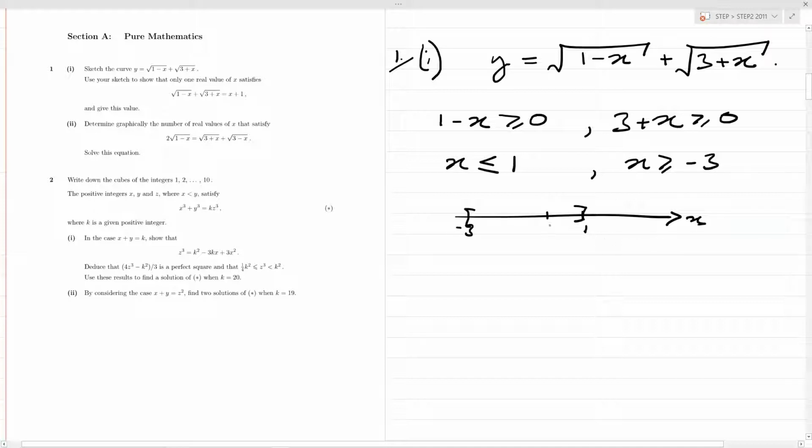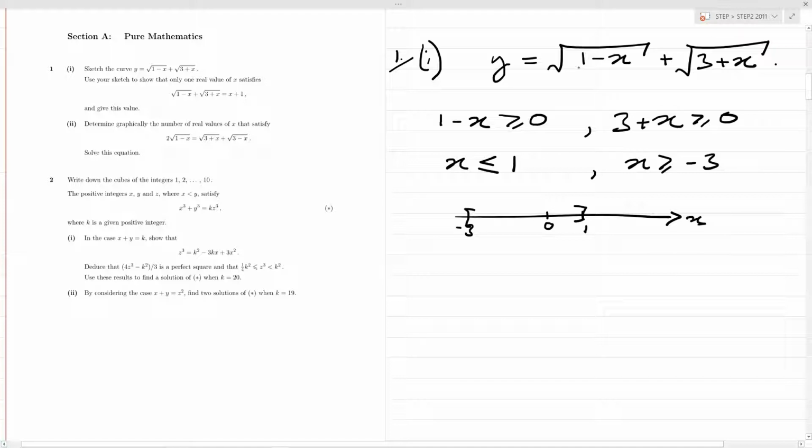Now, obviously this is 0 here, and we have to think about where y is going to be. If you look at this equation again, all the terms from the square root are positive, since you can never have the inside of a square root being a negative number. So this is always positive and this is always positive, therefore y is always positive. We know now that y will live above the x-axis.